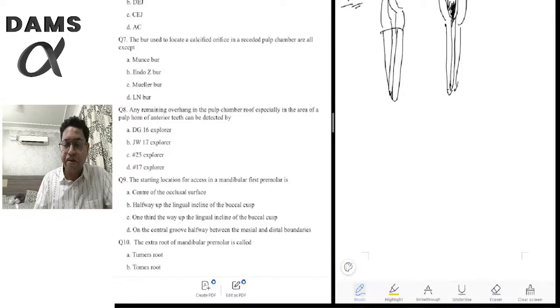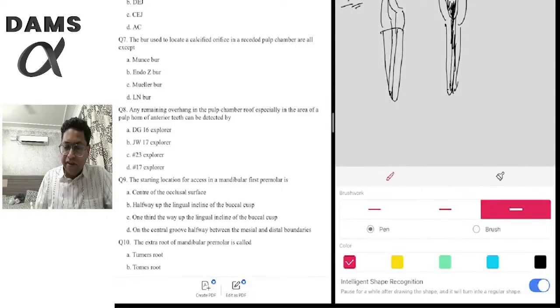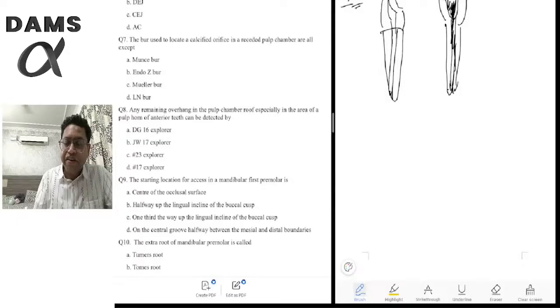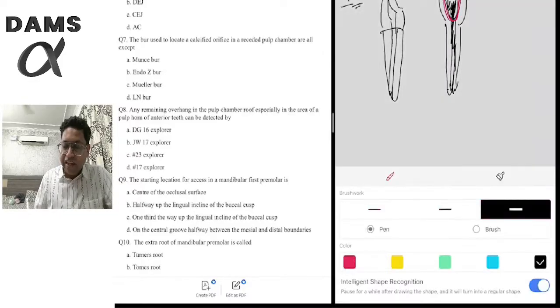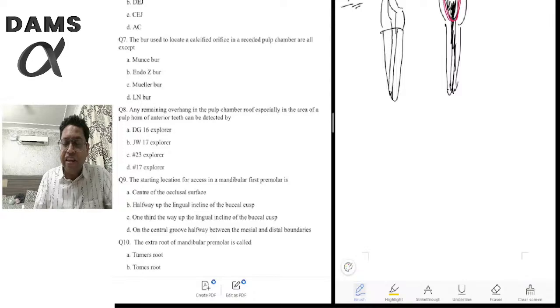This is the pulp organ. And if you remember, the shape of the access cavity for maxillary anterior or mandibular anterior teeth is like this, in the form of a rounded triangle. So whenever we make a rounded triangle access cavity like this, there is always a likelihood that these pulp horns escape from elimination.